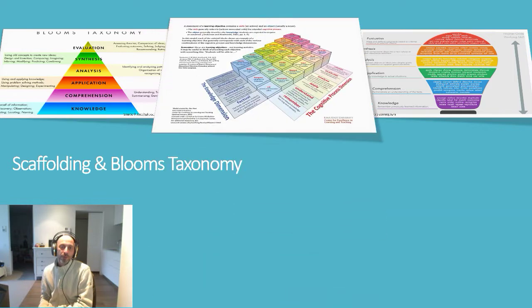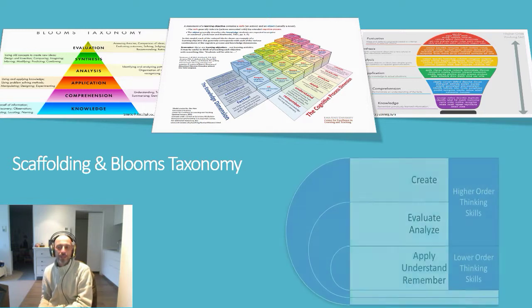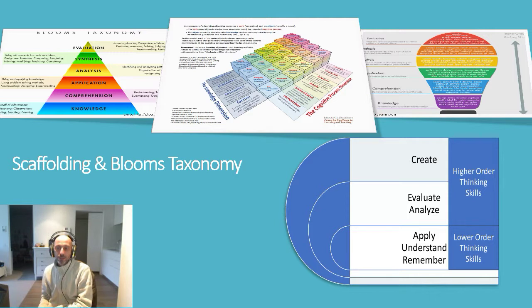So I'm sure you're all familiar with Bloom's taxonomy. I've shown a few different ways in which that's represented. Really, the concept here that I'm trying to show is that these particular activities, at least the ones that I'm providing here, are really aimed at the lower order thinking skills, the ability to remember, understand and apply.